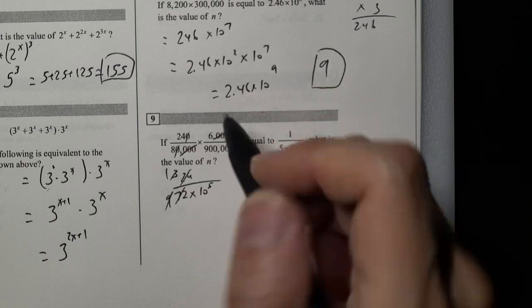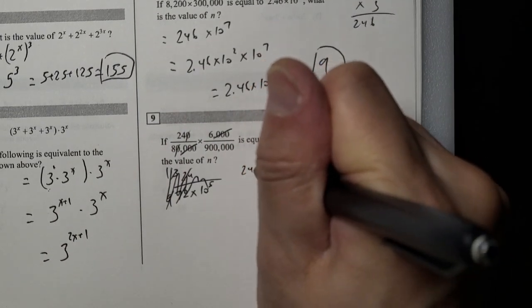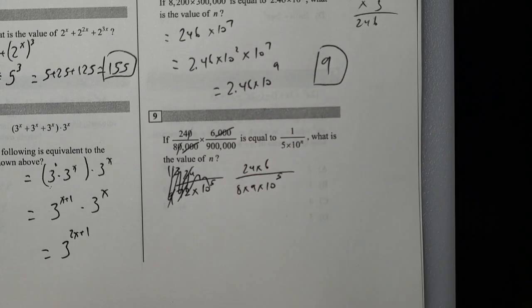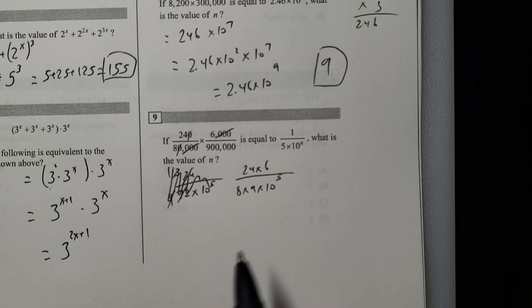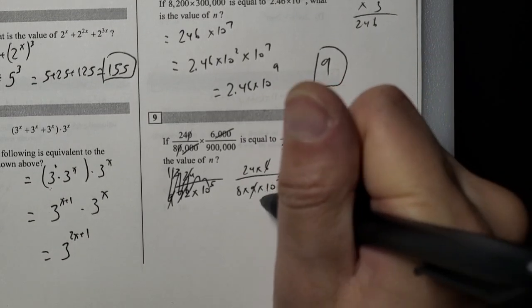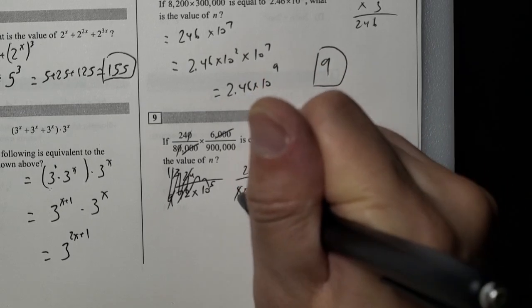Okay, so the zeros got canceled correctly, it looks like. So 24 times 6 over 8 times 9 times 10 to the 5th. Because I think I forgot that 6, that might be why. So then, let's start canceling. This would be 3, and this would be a 2. This would be a 1.